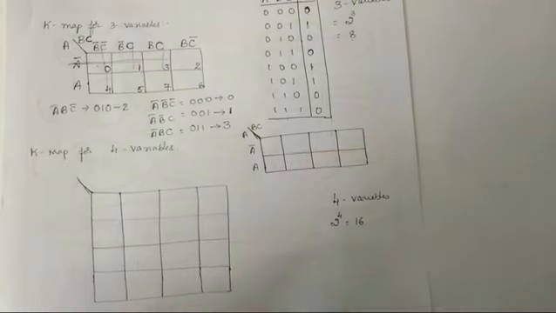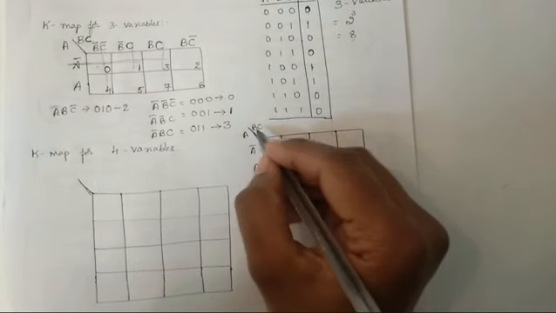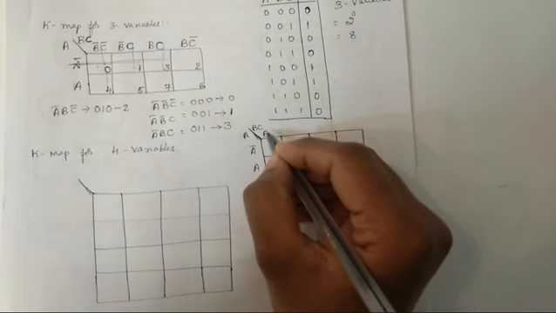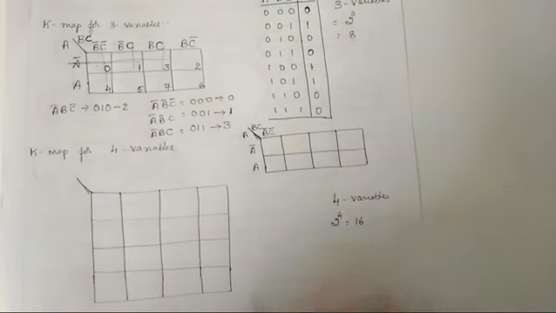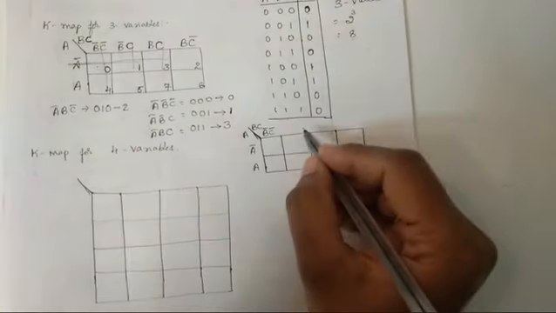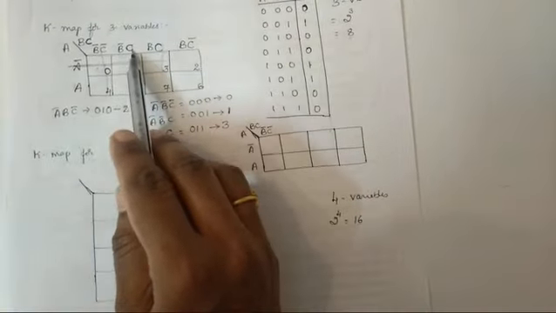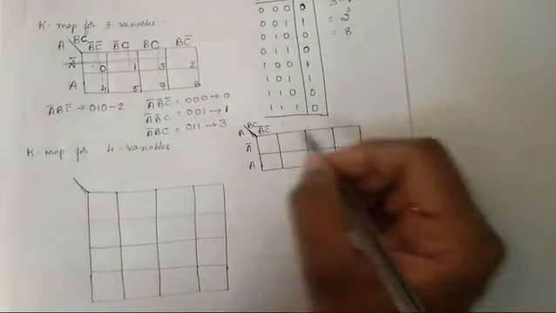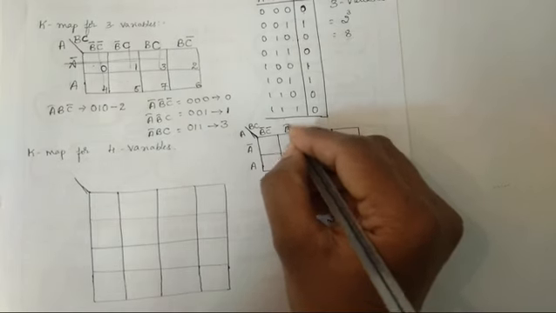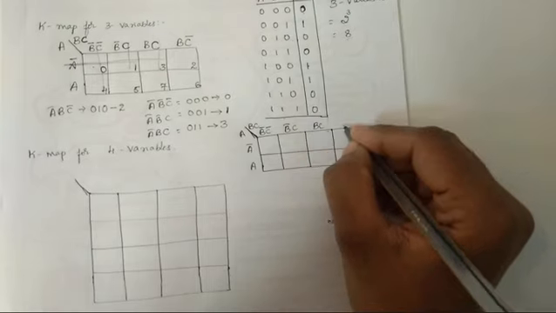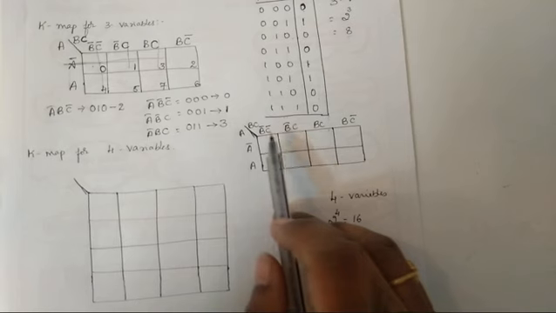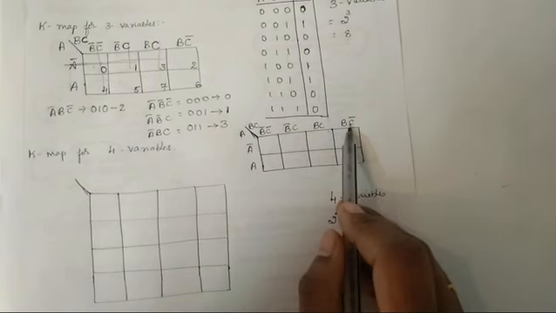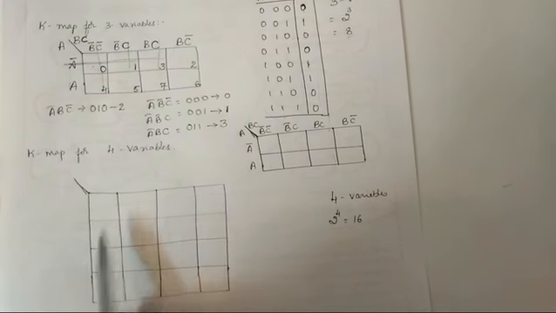Next it is A. Next, BC is there, so since I'll always start with 0, it is B bar C bar. Next B bar C, BC, BC bar. I'll tell you a shortcut to remember how to write this while explaining the K map for 4 variables.